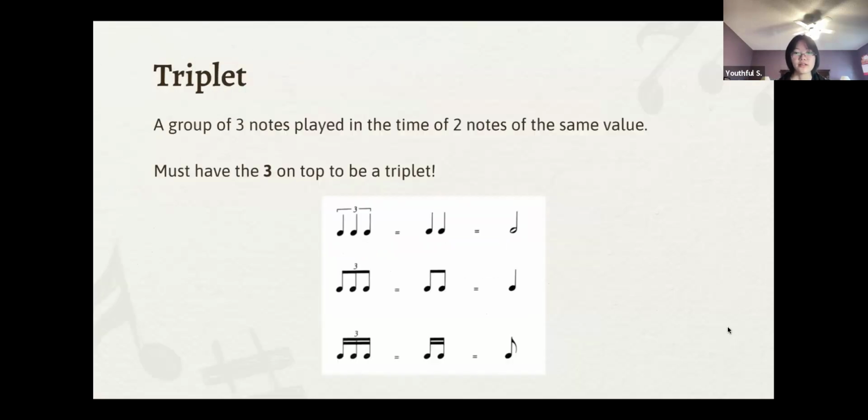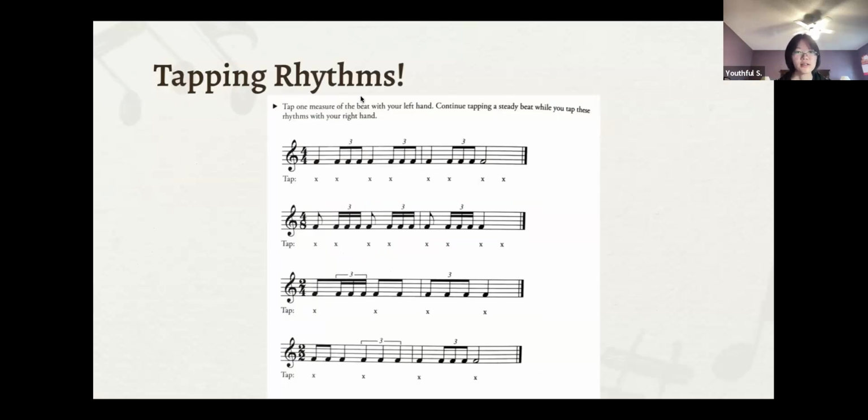Okay, so tapping rhythms. This is a really important thing. Basically, you want to have some tapping skills because in piano exams, they might ask you to clap or tap rhythms. So does anyone want to tap any of these rhythms?